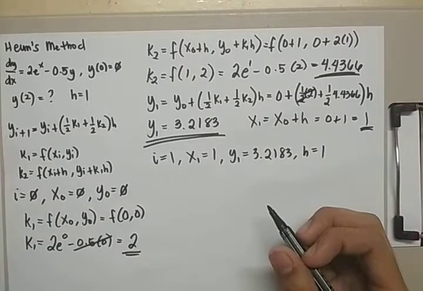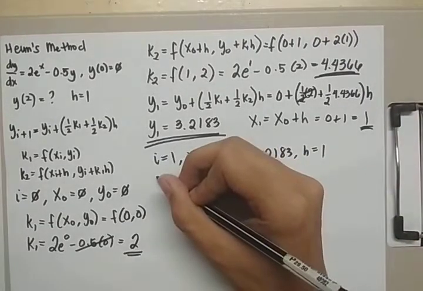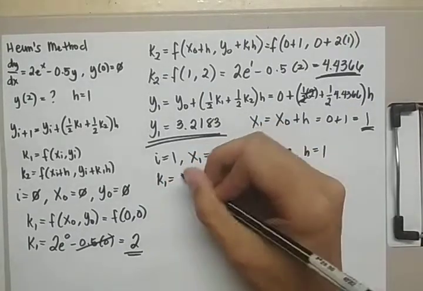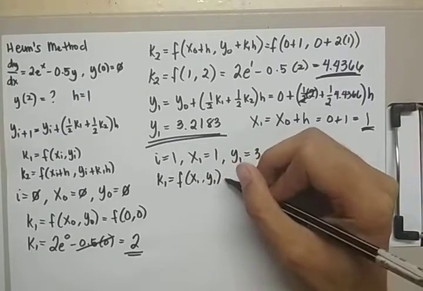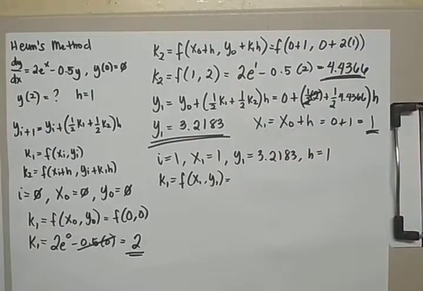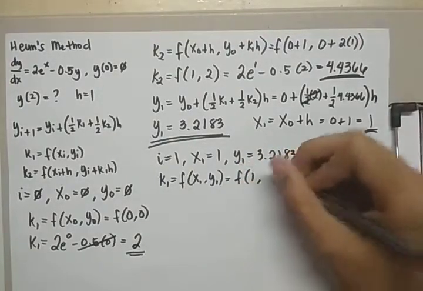Now again, we will first calculate the value for k sub 1. We have k sub 1 is equal to the function of x sub 1 and y sub 1. Our x sub 1 is 1 and our y sub 1 is 3.2183.